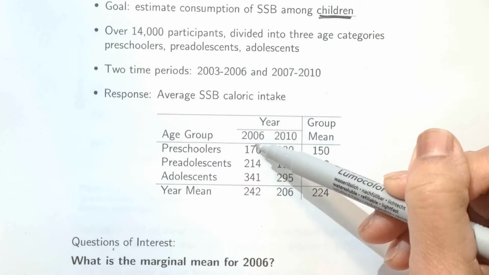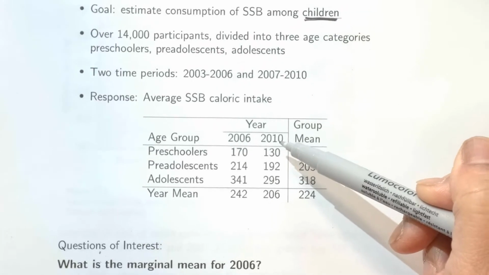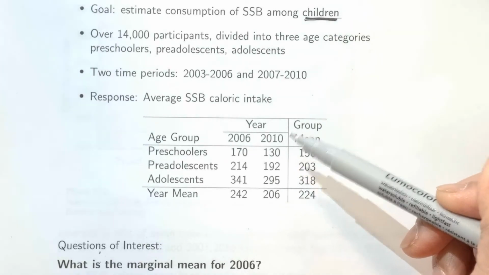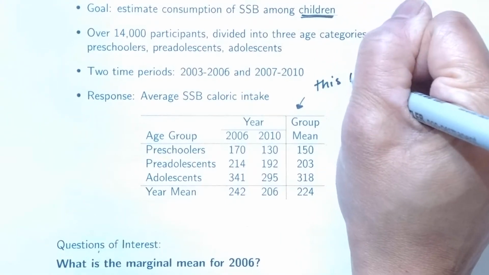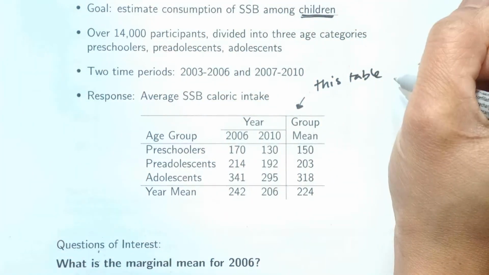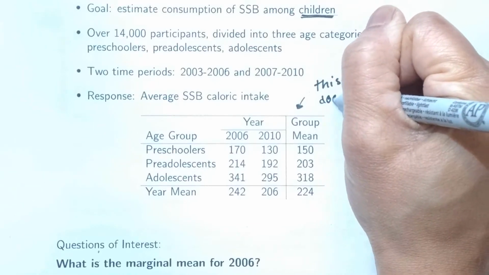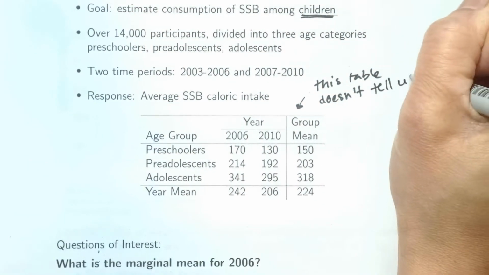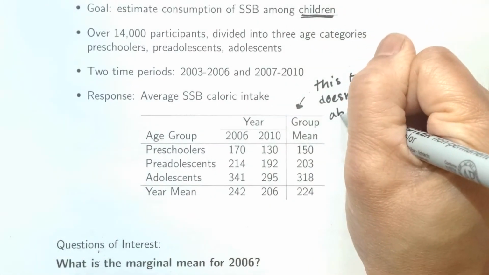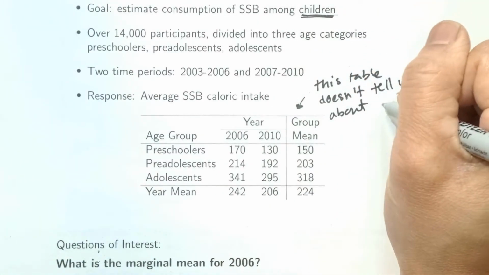Are these averages for 2006 or for 2010? So just to make a comment here, this table doesn't tell us about sample sizes.